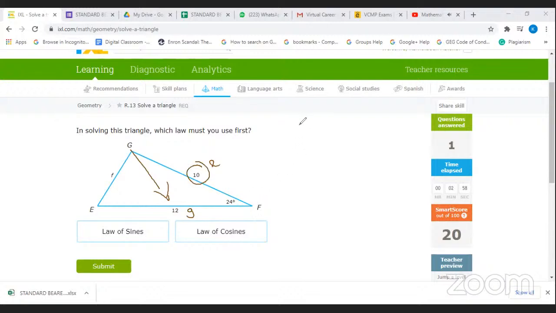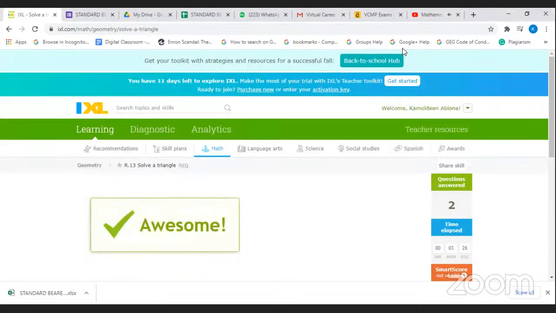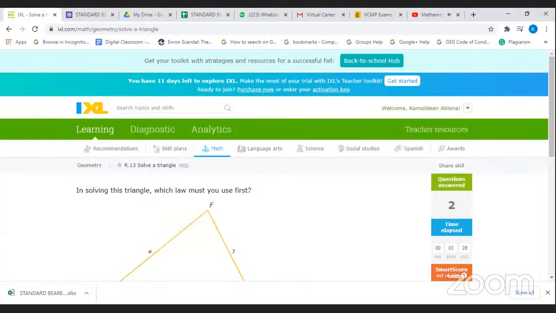In this case now, we have EGF. For us to apply sine rule, they must have given us E and small e, or G and small g, or F and small f. But that is not the case. So it means sine rule is not applicable. So it is cosine rule that you must apply.